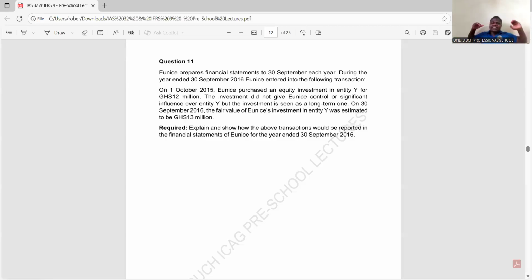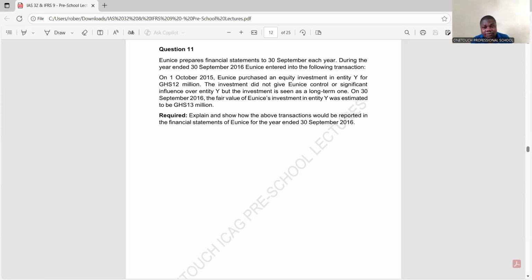Because once it is not held for trading, the standard does not make it compulsory to treat it as fair value through P&L. So the entity will go for fair value through OCI. The concept is very important. Okay, sorry for putting you on the spot.